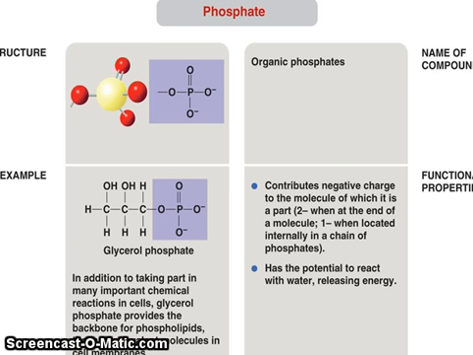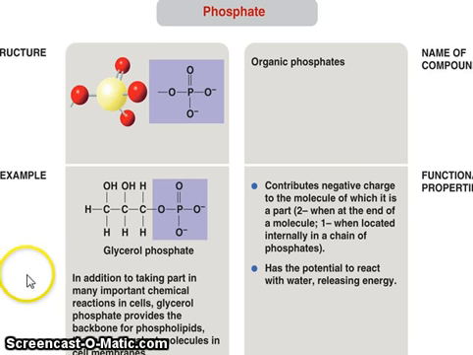Of those oxygen atoms, 2 of them are negatively charged. These 2 are not charged. And this one right here has a double bond. These are also organic, which means they're based around carbon. Carbon phosphates.